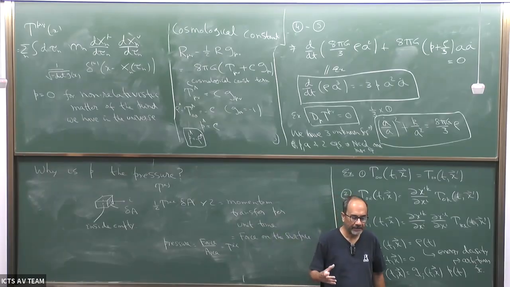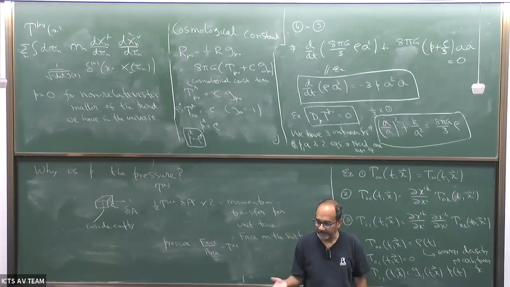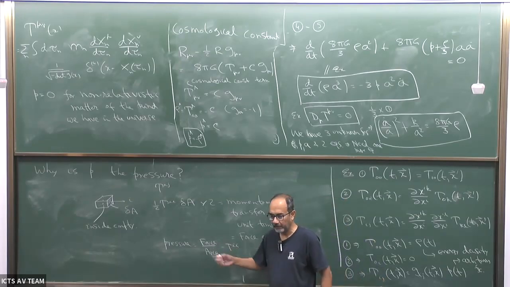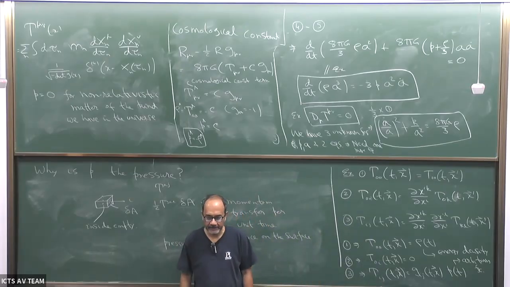Or you can think of this as a gas of photons, everything moving at the speed of light, coming and hitting, just the normal way you calculate the pressure in a thermal gas. And that will also give the same result, P equals rho by 3. So we conclude that for radiation, P is equal to rho by 3.